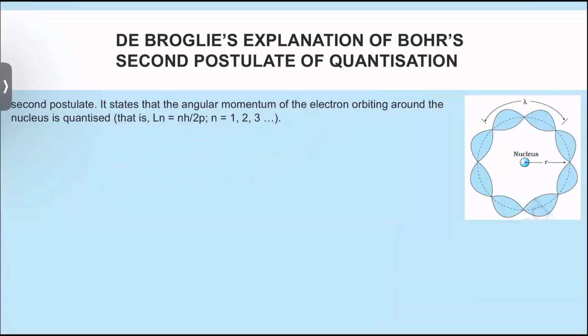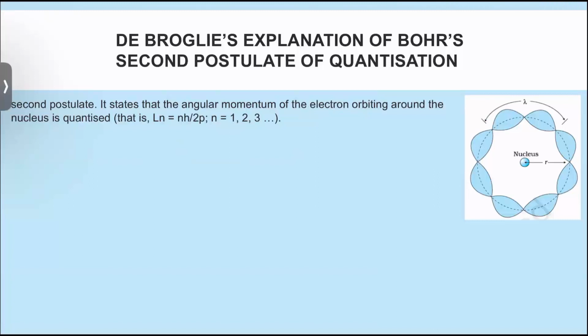So we have another explanation or hypothesis called de Broglie's hypothesis. This was experimentally verified later on by scientists C.J. Davisson and L.H. Germer.